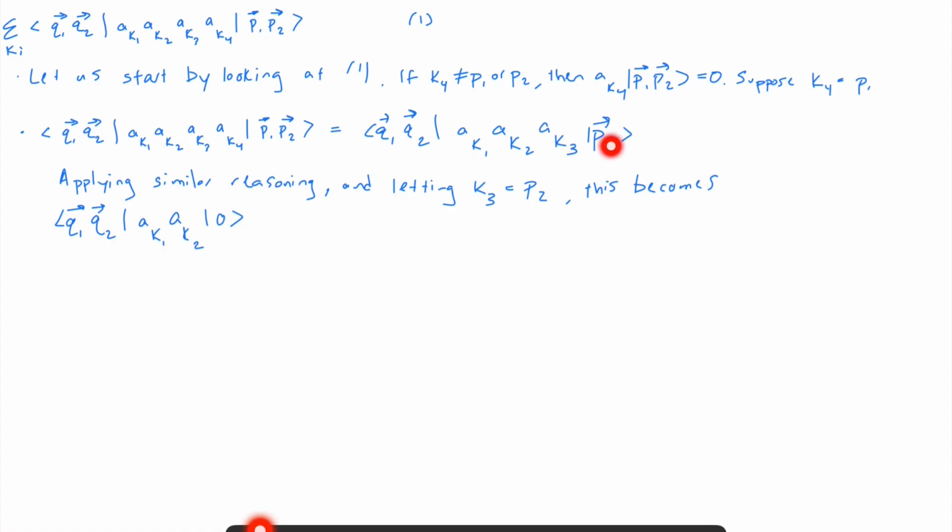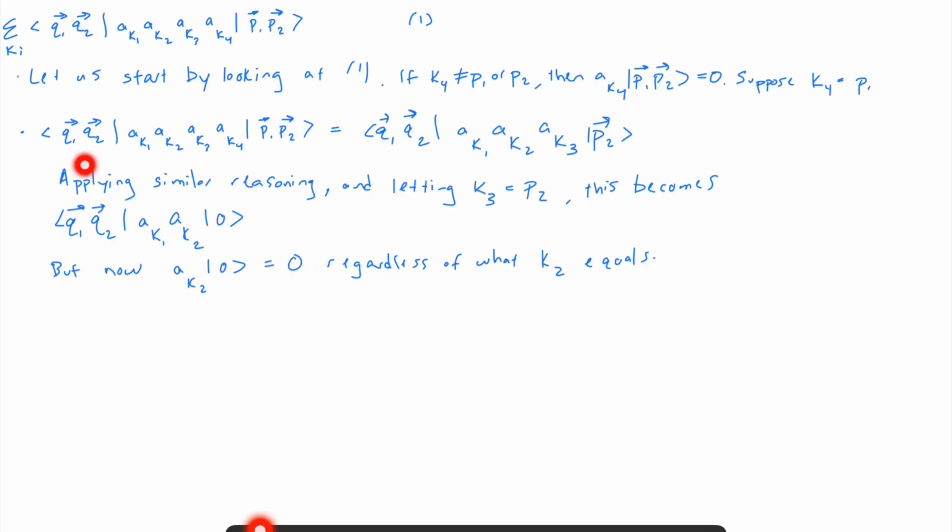Next step, a_k3 kills this and just gives me the vacuum state, and now I just have these two left over in this bra over here. So that's what I've got now. Well, now look at this expression here. Now I have a_k2 acting on a vacuum state. This a_k2 again is summed over all possible k2s, but as we know, it doesn't matter what k2 is here, a destruction operator acting on the vacuum state will always give me 0, not the vacuum state, but the mathematical number 0.